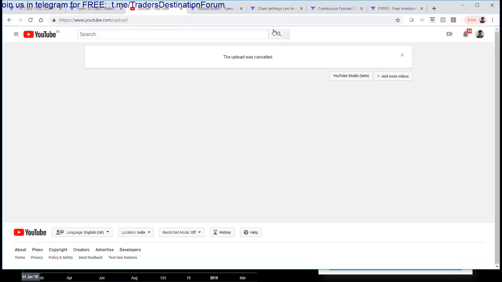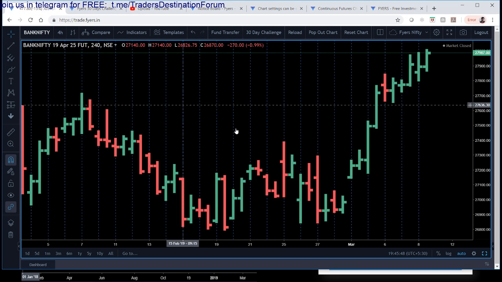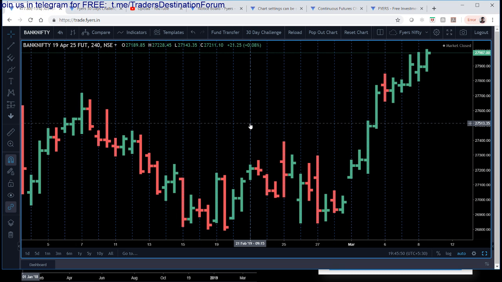Okay. So guys, here is the trading platform for you, which is the TradingView platform that FYERS uses. In this platform, an interesting feature provided by FYERS is that you'll be able to see the running contract as well as the next 2 months' contracts, and also the charts of the running contract for a specific period in the past.